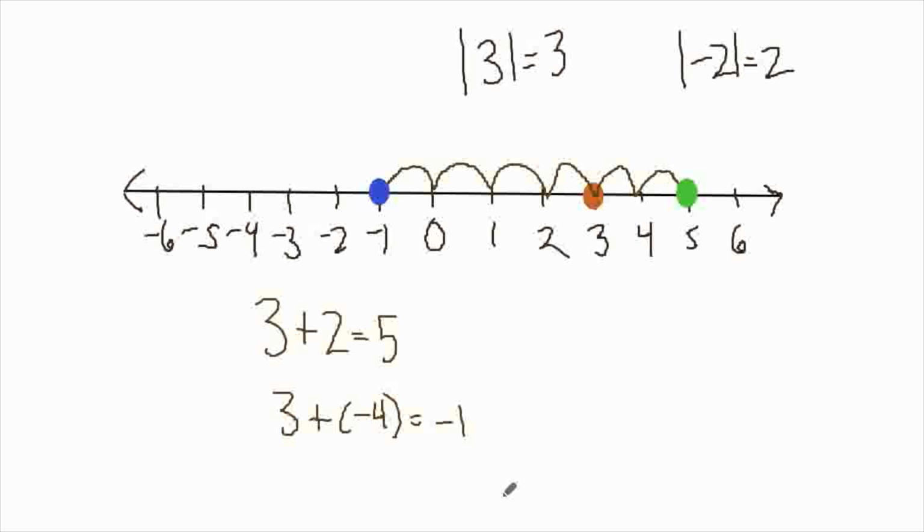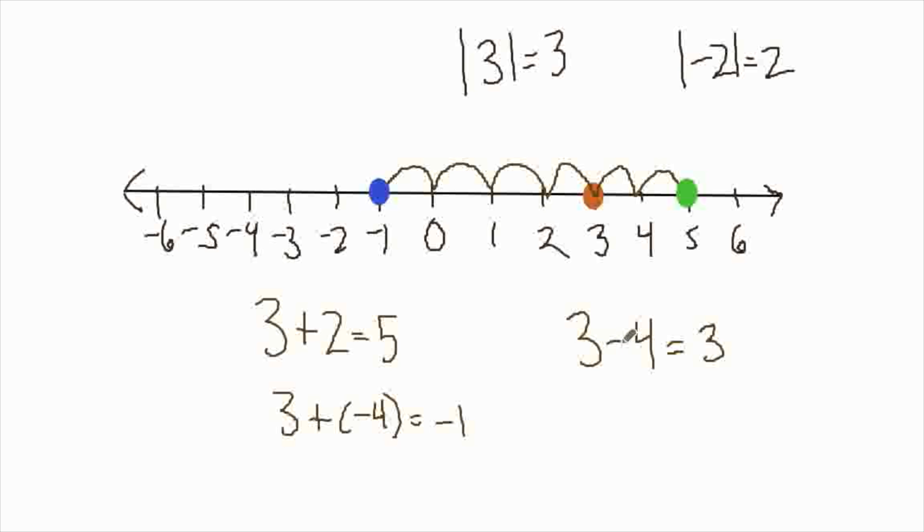So that's addition. Let's talk about subtraction. What if I had something like 3 minus 4? If you understood addition with positive and negatives, you can just think of subtraction as another type of addition.